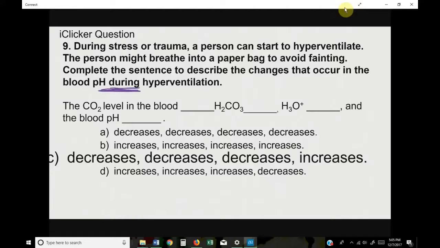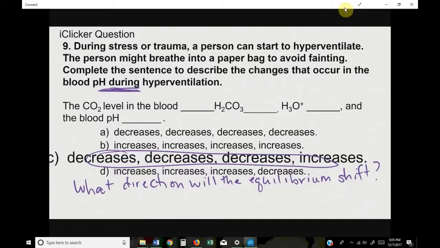So the equilibrium in this reaction, when we hyperventilate, is going to shift in what direction? It's going to shift to the left. While breathing in the paper bag, the equilibrium is going to shift in what direction? To the right.